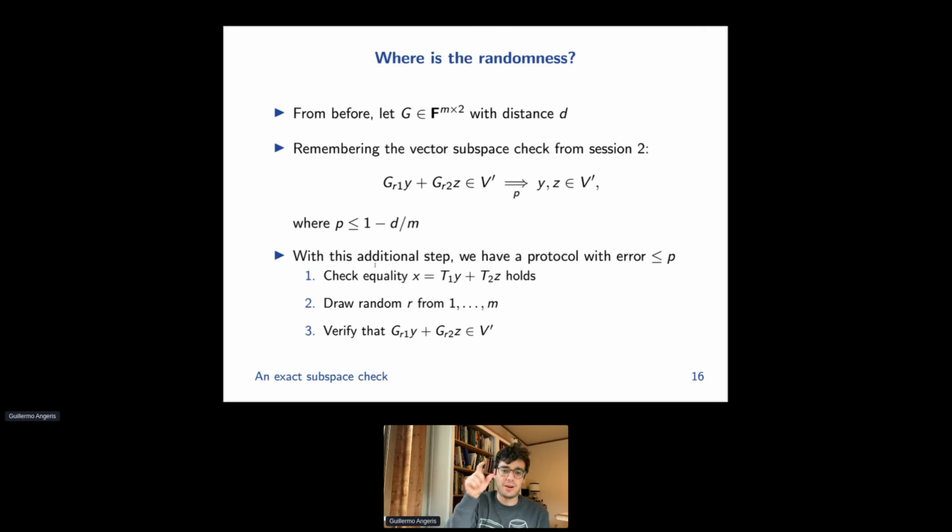And of course, that implies that y and z are in V prime. And that, along with the equality check that x equals t1y plus t2z also holding, we know immediately that x must also have been in the original vector space.